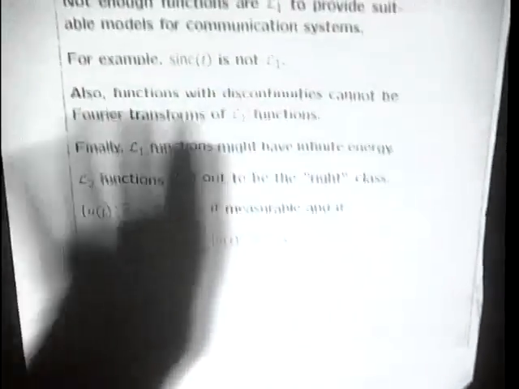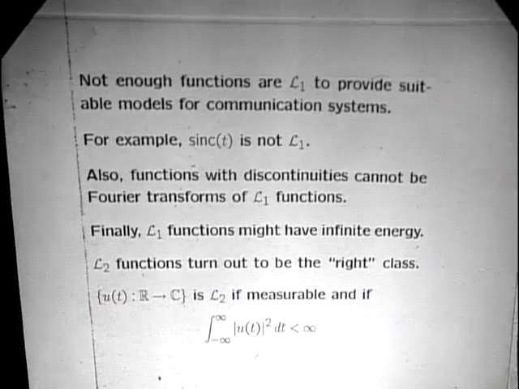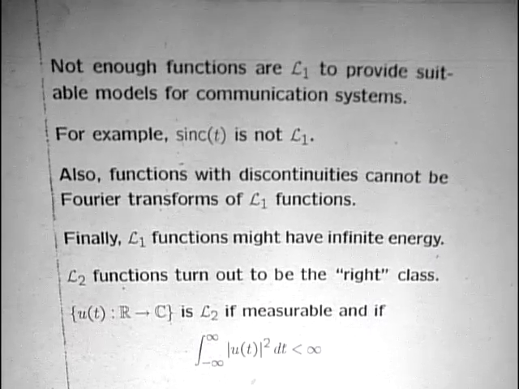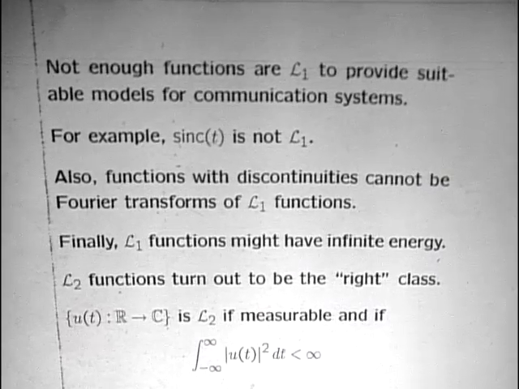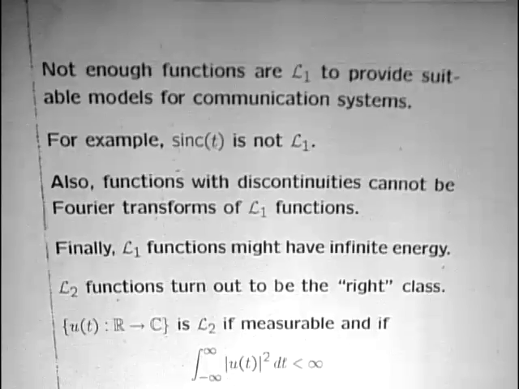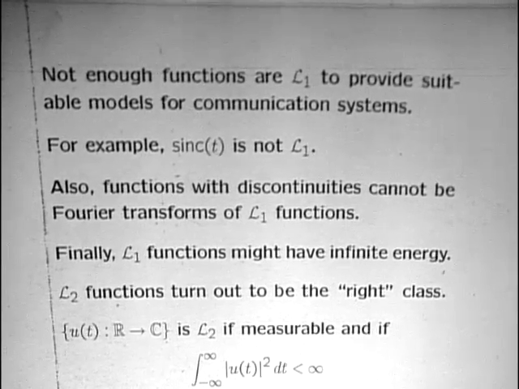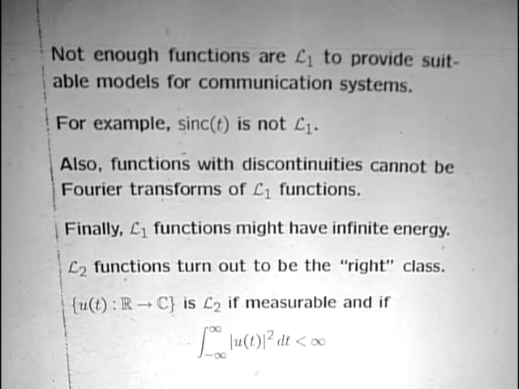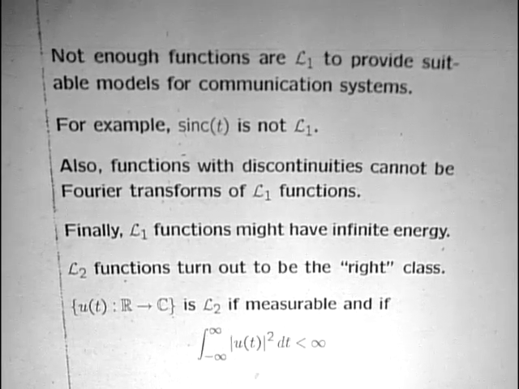The sinc function is a function we'd like to use. Any function with a discontinuity can't be the Fourier transform of any L1 function. In other words, we said that if you take the Fourier transform of an L1 function, one of the nice things about it is you get a continuous function.